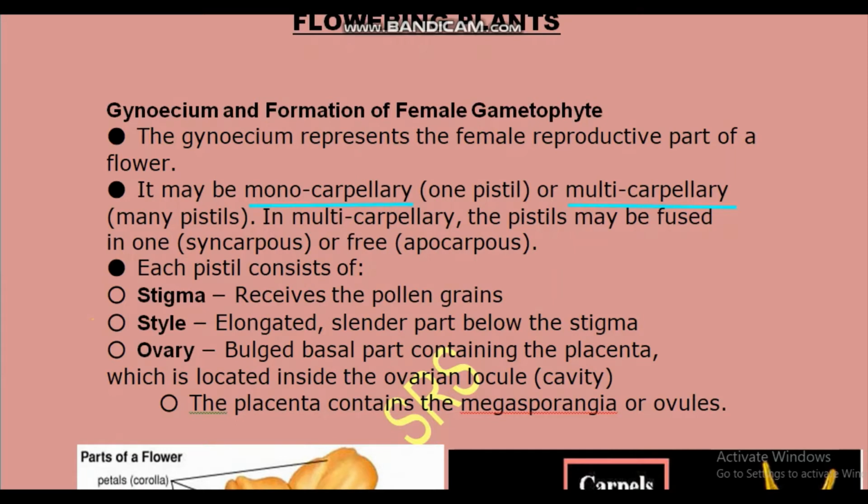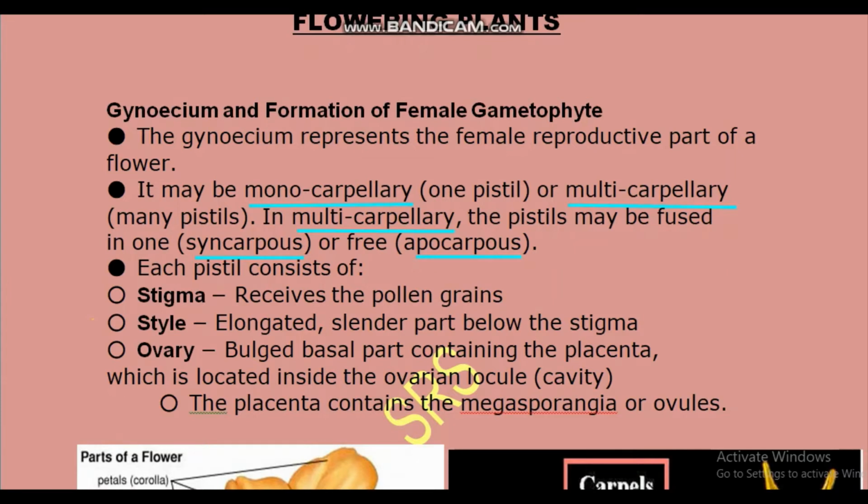Now in case of multicarpellary, again we will get two terms. One is syncarpous and another is apocarpous. Now I'd like to clear the meaning of syncarpous and apocarpous.